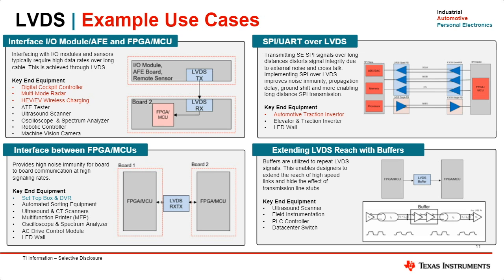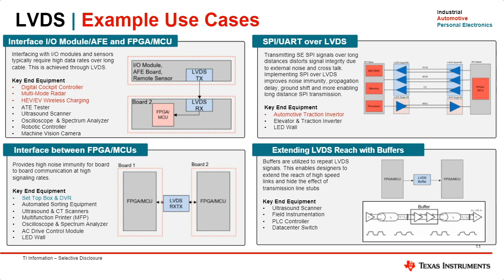So adding a differential transceiver in the communication path will add propagation delay and limit your maximum overall clock frequency. One of the benefits with LVDS is that it's very low latency compared to other differential standards. And so your propagation delay will be much lower compared to some of the others, maximizing the clock frequency that you can get.